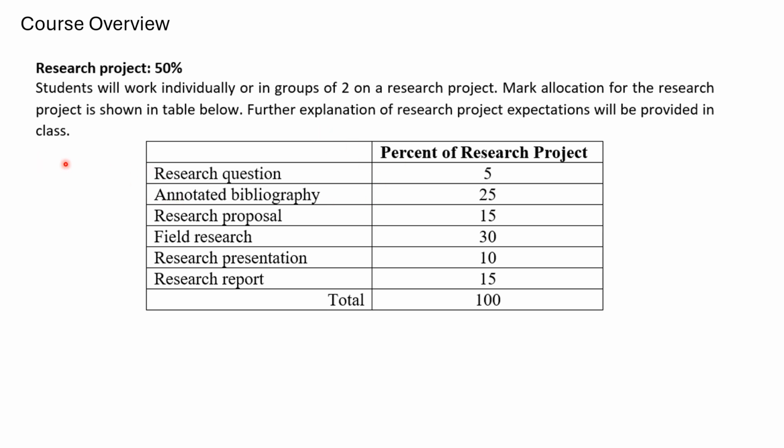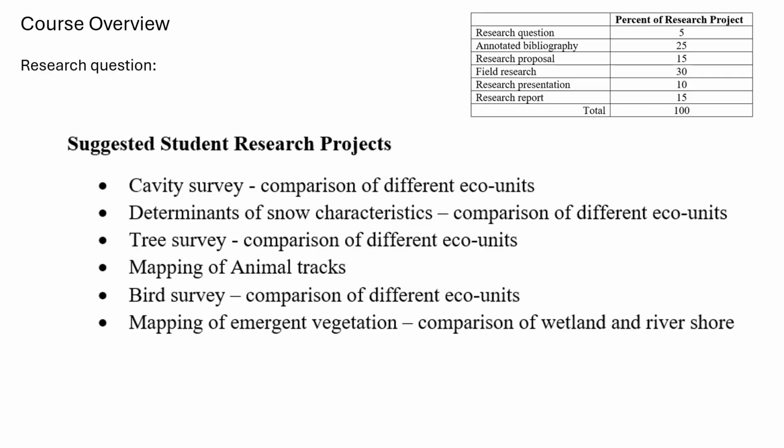But I wanted to focus briefly on these 2 things, the research question and this annotated bibliography, in today's lecture. So I've been thinking about some research projects, and you could come up with questions based on these projects to get your 5% of this research project mark.